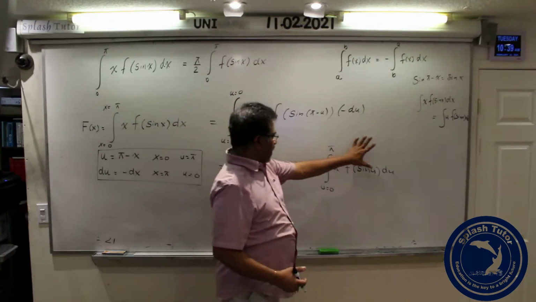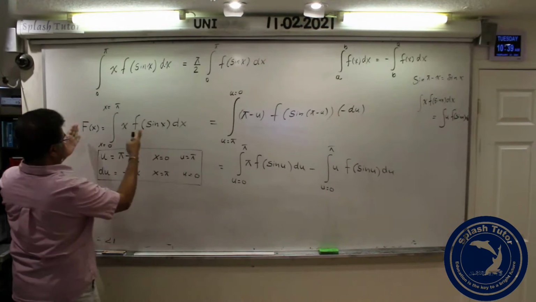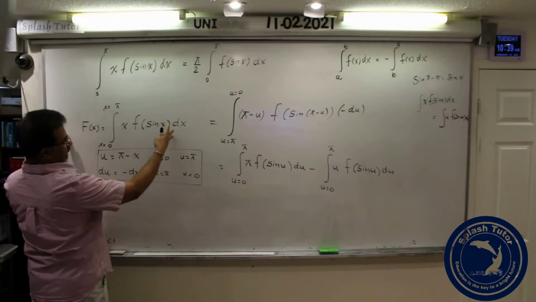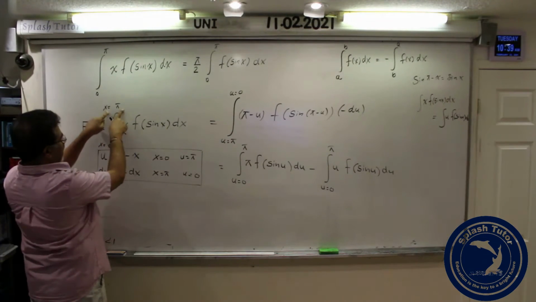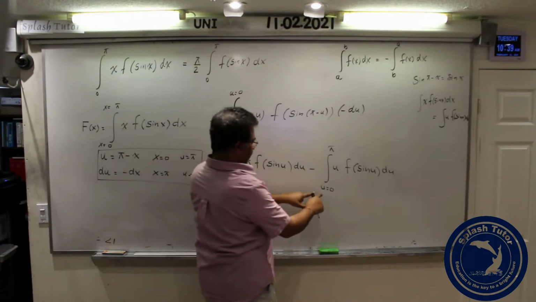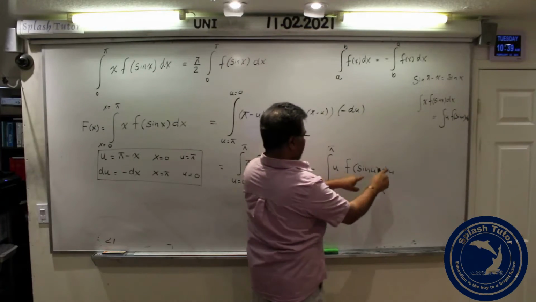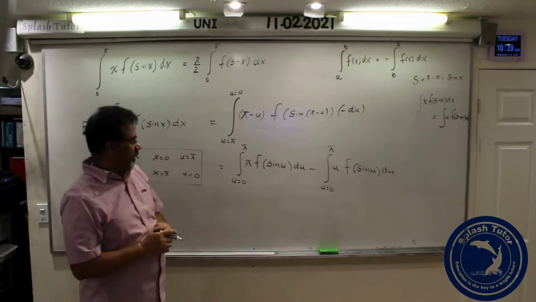Now this one I can say is the F(x) here. So that is my F(x) now, right? Because x from 0 to pi of x f(sine x) dx is the same as u from 0 to pi of u f(sine u) du, because that is also F(x), right? Yes, there's no difference.